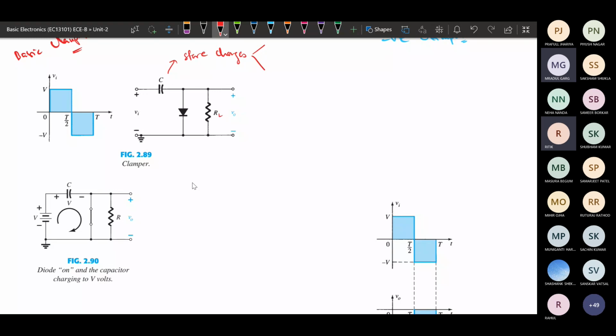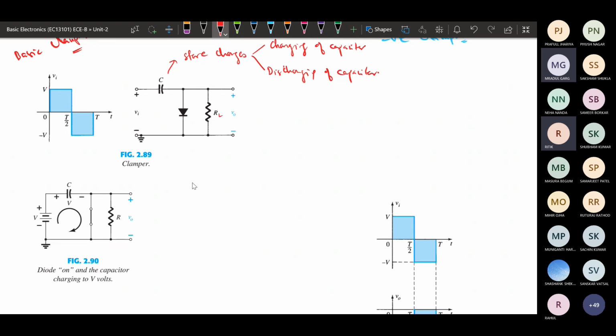So if it is going to store the charge, it is called charging of the capacitor. If it is losing its charge, it is called discharging of the capacitor. Whatever input voltage we are applying is also connected to the capacitor.